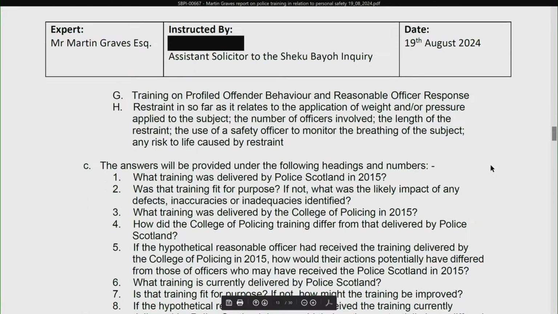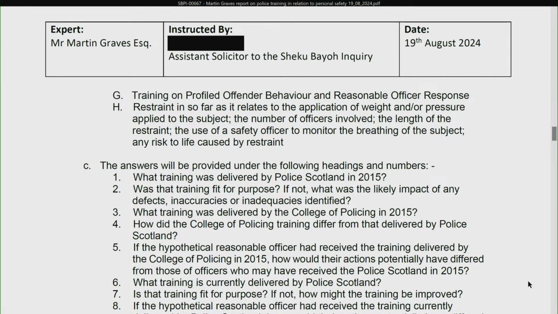Rendezvous point, observe wait feedback, de-escalation, and verbal dominance, coined as a hard stop. F, the principles of preclusion, justification, and necessity in relation to use of force. G, if we can move up the page, please, is training on profiled offender behaviour and reasonable officer response.